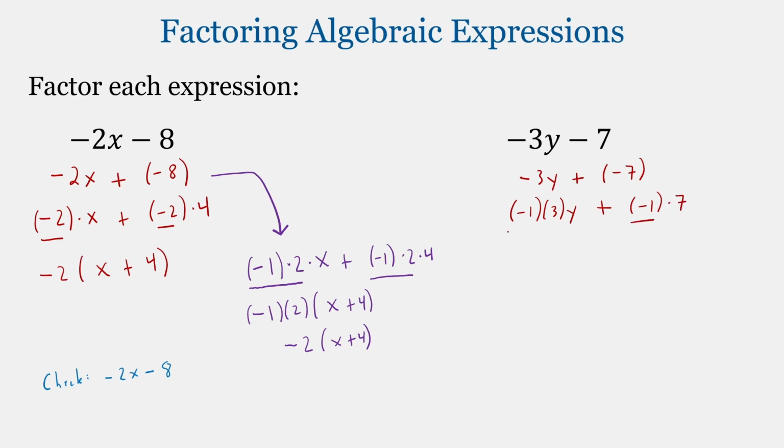They have negative 1 in common, so we factor out the negative 1, leaving us with 3y plus 7 within the parentheses. So we can write it as negative the quantity 3y plus 7.